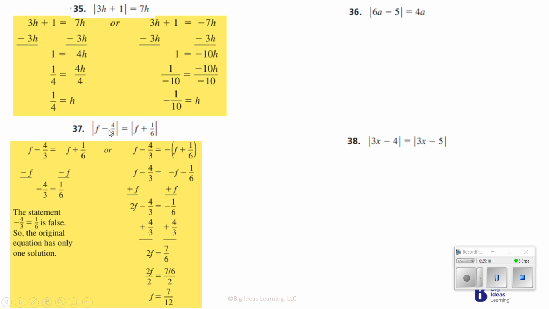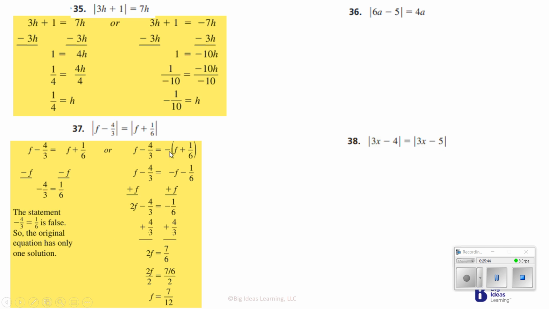But over here, we're going to get f minus 4 over 3 equals negative times f plus 1 over 6. So when we have this one, we're going to be subtracting f from both sides, which leaves us with negative 4 over 3 equals 1/6. This is never true, right? The statement is false. So this original equation only has one solution.